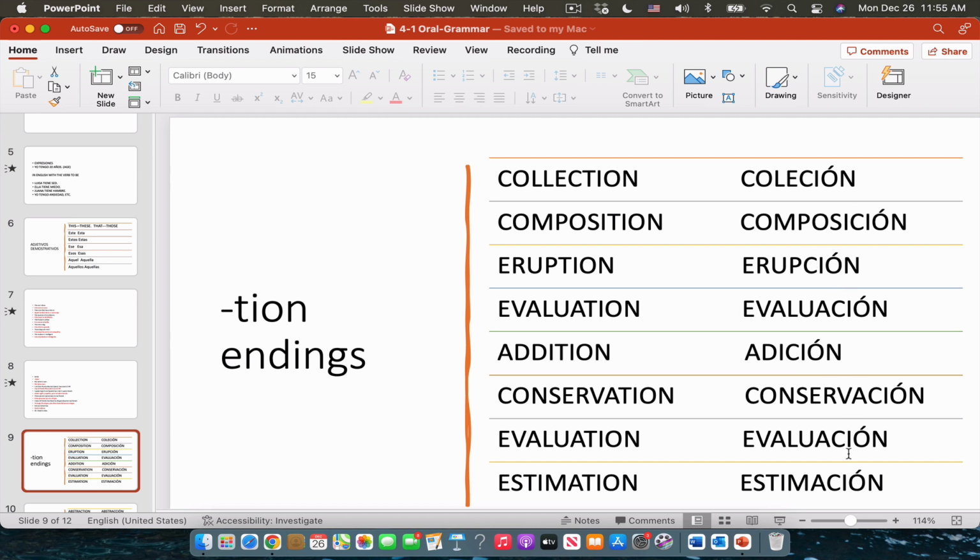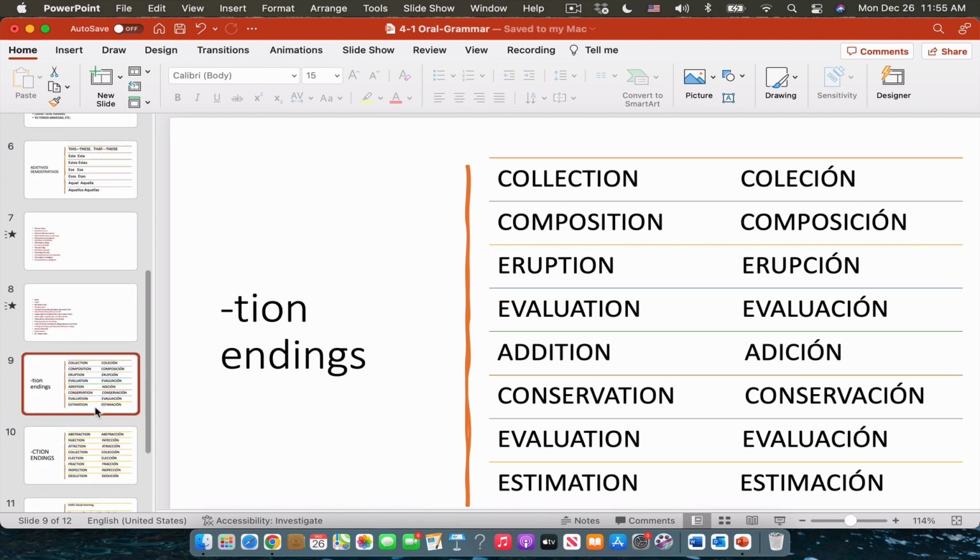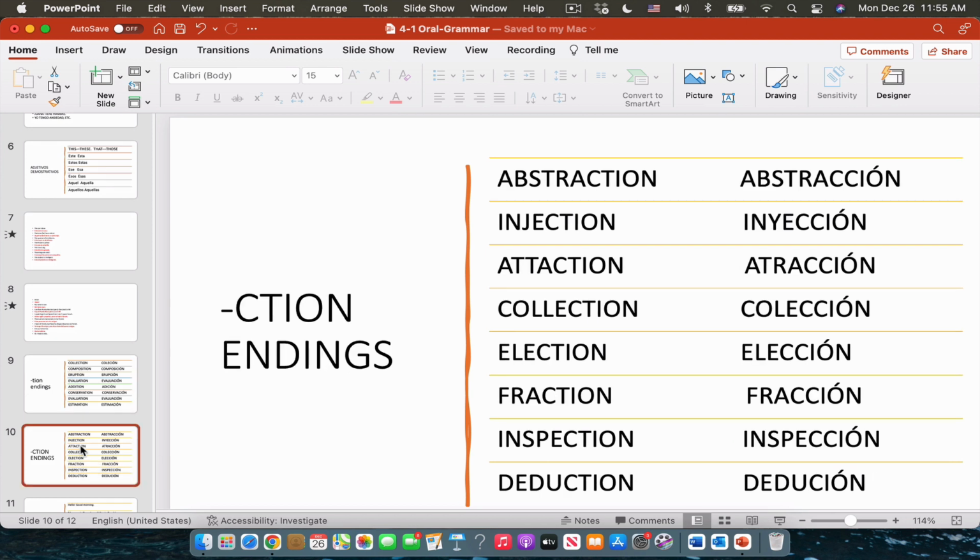So this is another group that can be used in Spanish to get more words, to make easy the transition from English into Spanish. Just remember that this ending, most of the times, has a correlation with Spanish. Another group is the one ending with ction. Here, the words are very similar, but the CT becomes CC in Spanish.